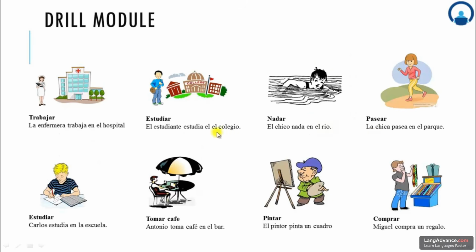Here I've got a few more examples for you. I've taken the first verb as trabajar, that means to work. And the sentence is la enfermera trabaja en el hospital, that means the nurse works in the hospital.